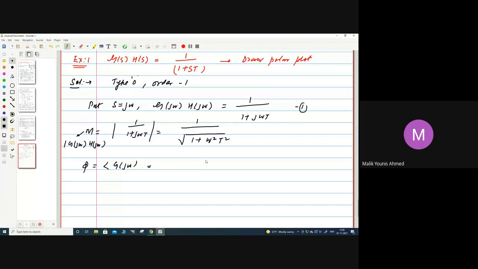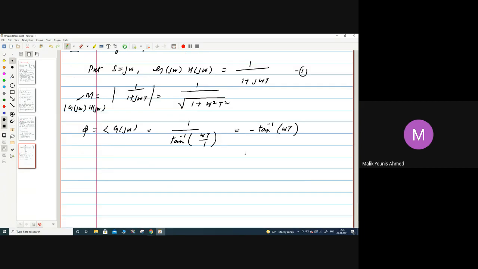Then we have tan inverse of imaginary by real. Imaginary is the coefficient of j, that is omega T, by 1. So we can simply write the angle is minus tan inverse of omega T.